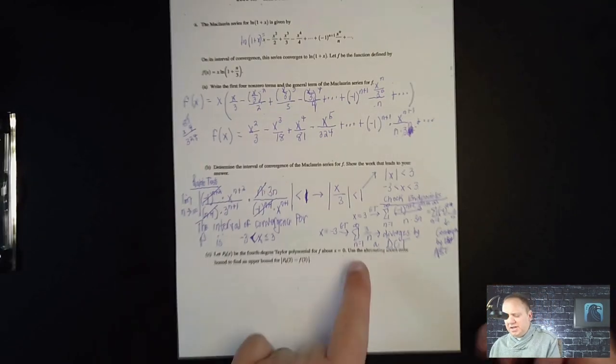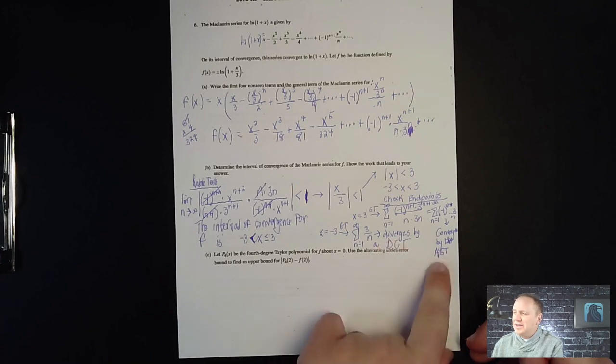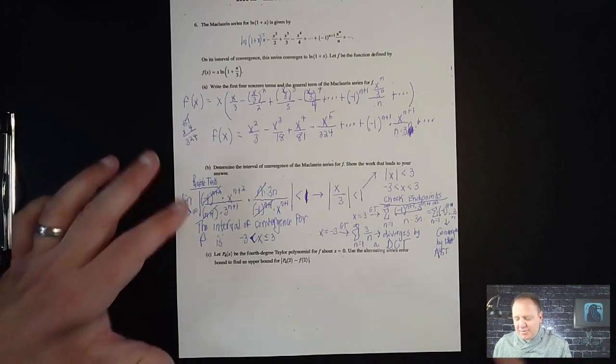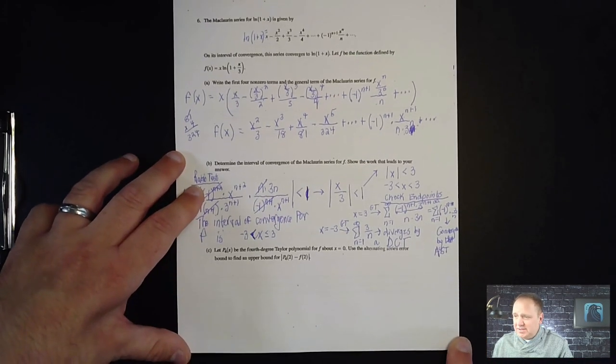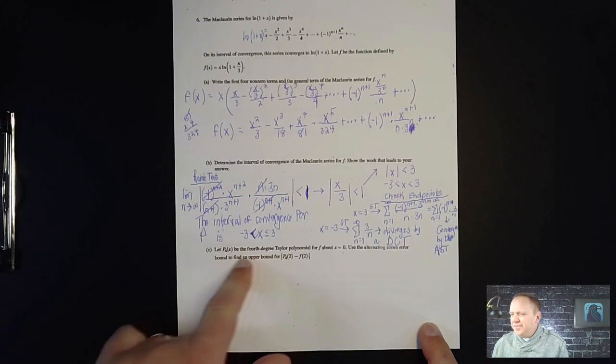So you would just set up a direct comparison test, but I don't think they want you to even show that. Just state that you know that it's that and it's that. I think you'll be okay. If you have time and you want to go back and kind of formalize some things, then do that if you want.